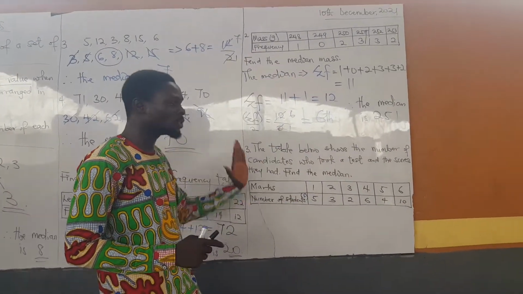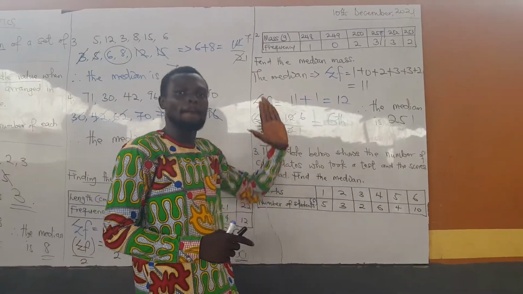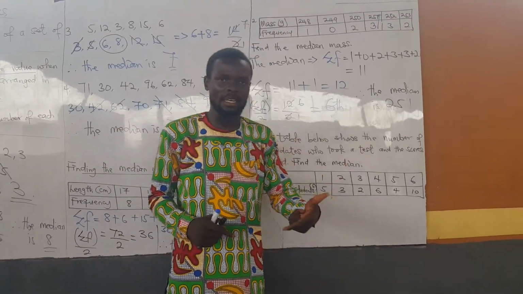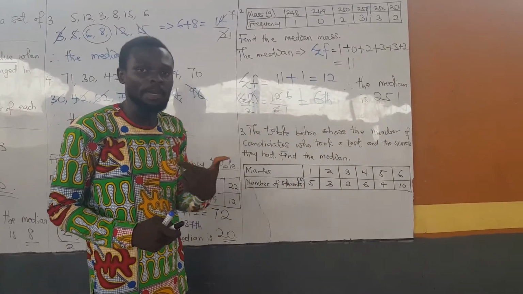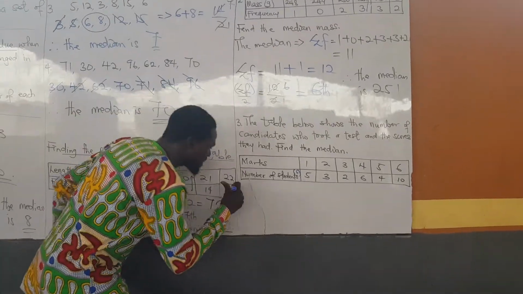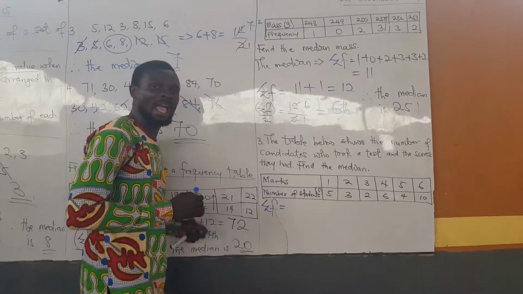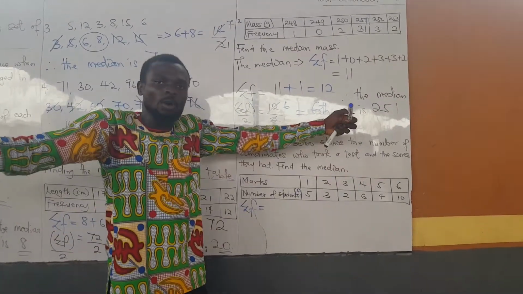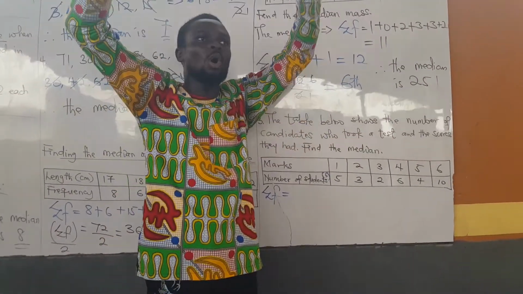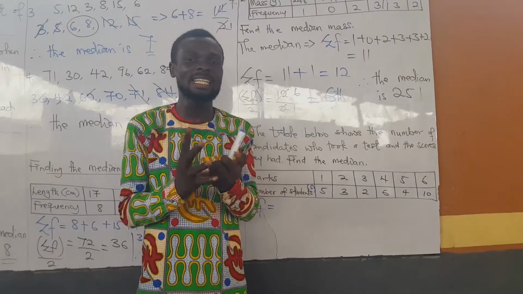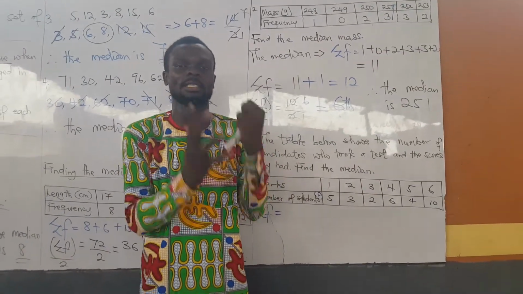So we have been asked to find the median. To find the median, we are going to first find sigma F. And sigma F is the sum of the frequency. That is the total number of candidates or students who took the test.